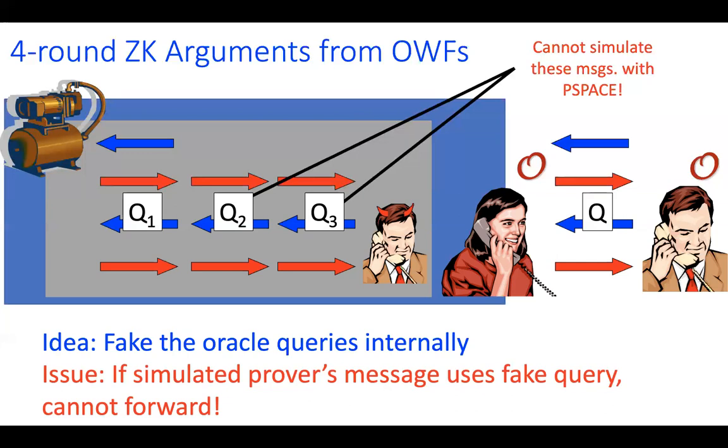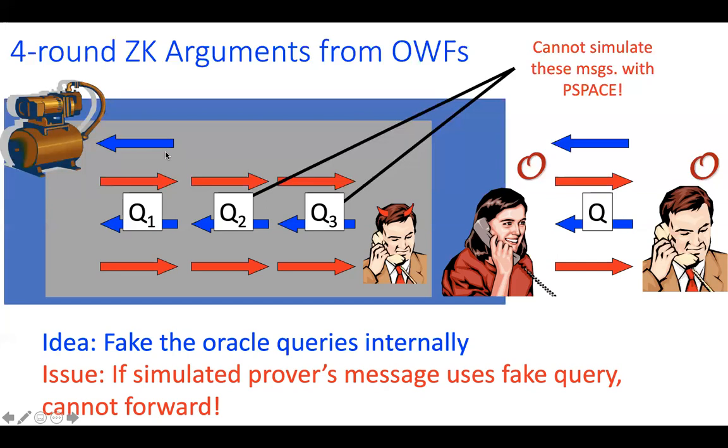Now, I should point out that by faking queries inside, first of all, will the simulator work? And here is the point where we essentially use that the oracle is a one-way function. If we have to fake queries internally that are consistent with the first message, we're actually going to induce collisions in the oracle, because when I generate Q2, I don't know how the first message was generated.